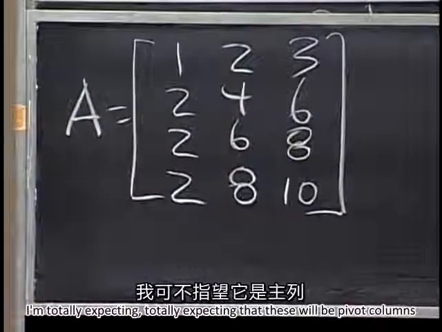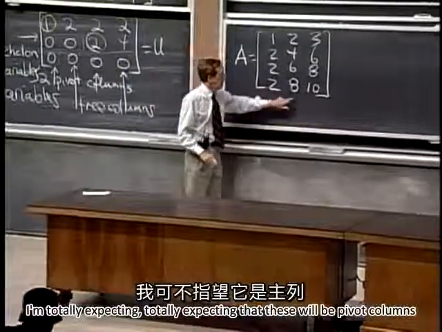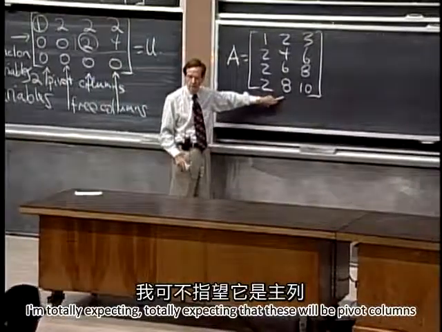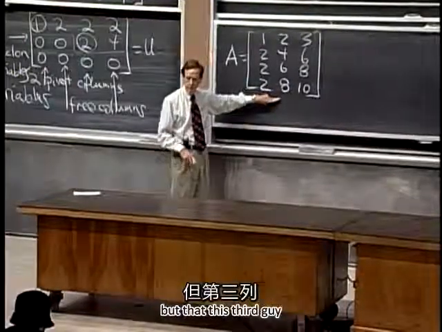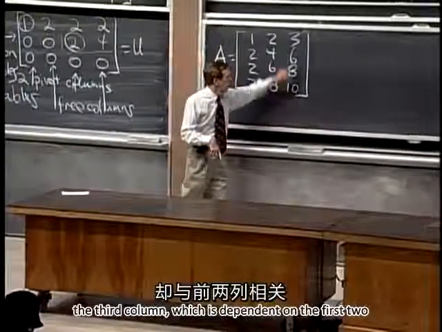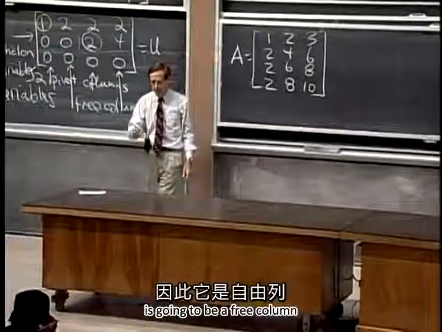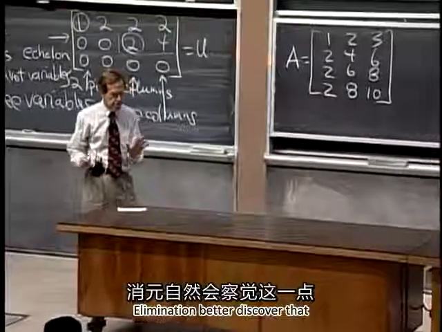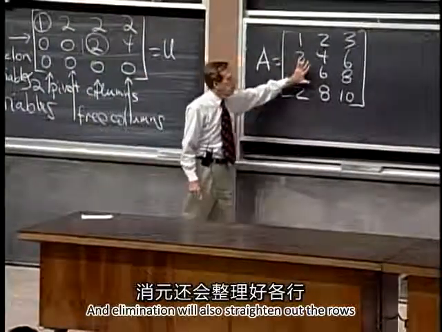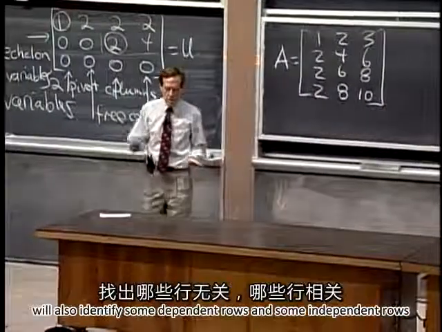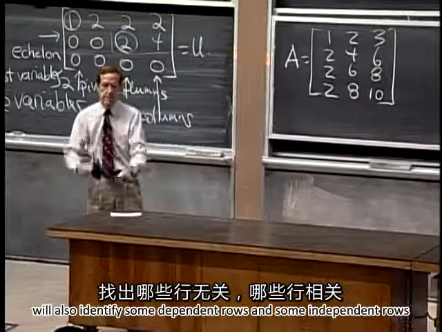I'm totally expecting that these will be pivot columns because they're independent, but that this third guy, the third column, which is dependent on the first 2, is going to be a free column. Elimination better discover that. And elimination will also straighten out the rows. We'll also identify some dependent rows and some independent rows.